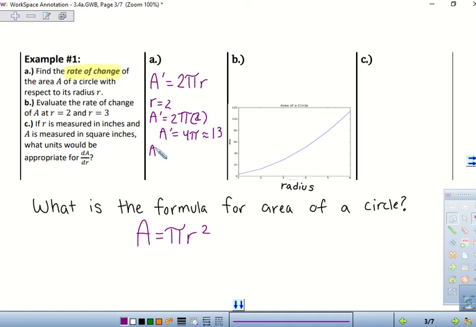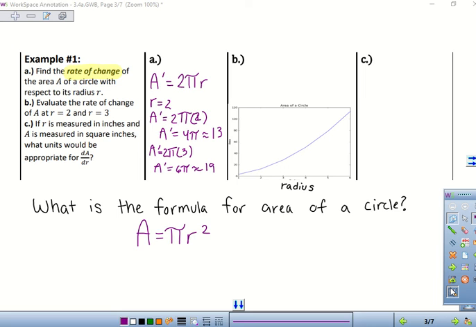And then we're going to also plug in 3. So that would be 6 pi, which is approximately 19, because pi is a little over 3, right? So those would be our approximate rates of change when the radius is 2 and when the radius is 3.